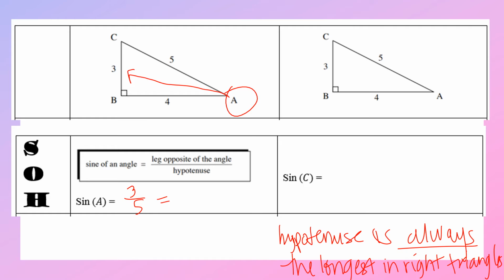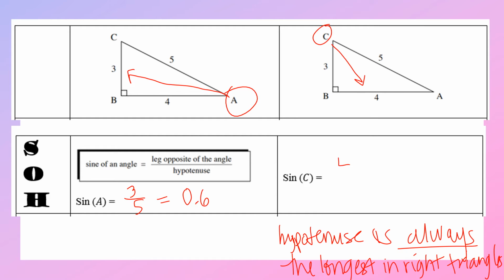If you want, you can put it as a decimal. We are going to go back and forth for a couple of these. If you have nice numbers like this, definitely just leave it as a fraction. But if you have odd numbers, we're going to write it as a decimal, and we will get to that in a second. Then sine of C. Now we're looking at angle C, and we are doing sine, which is opposite over hypotenuse.